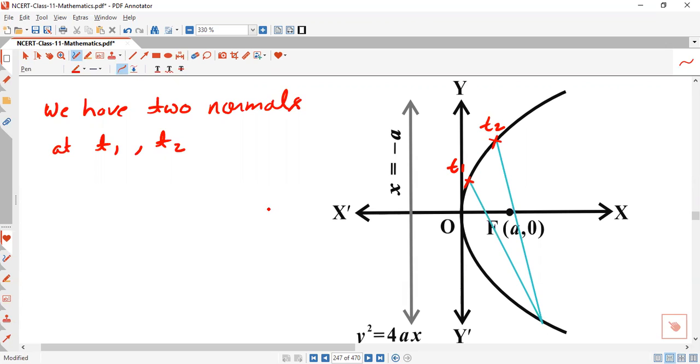There is a condition. Suppose you have two normals on the parabola. They will meet the parabola again.